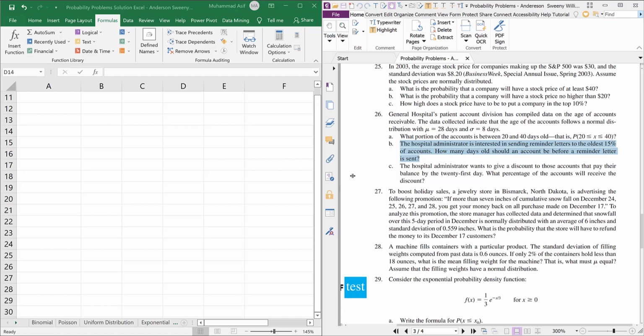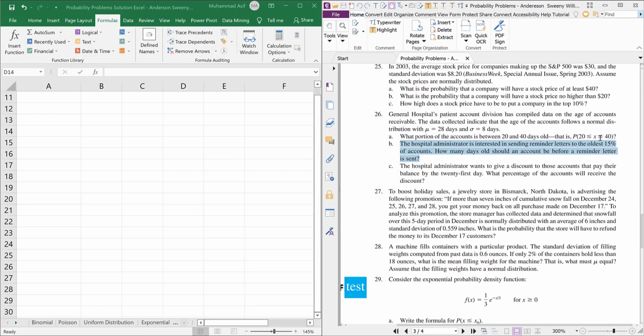Again, in order to better visualize this problem, just imagine there's a bell curve, and the question is the oldest 15%, which means it is talking about the extreme right side of the bell curve. On the extreme right side, the area will be 15%, and the area to the left of that point will be 85%.